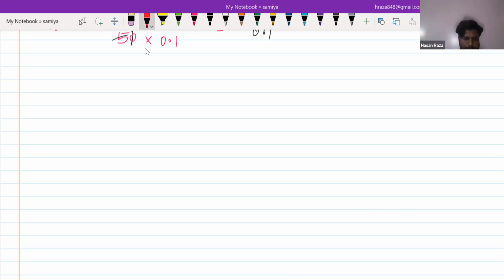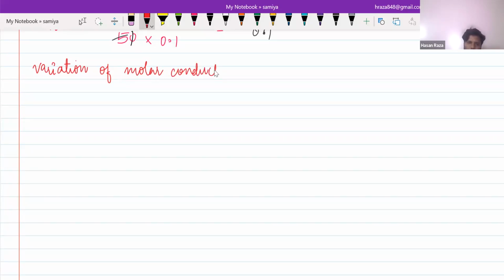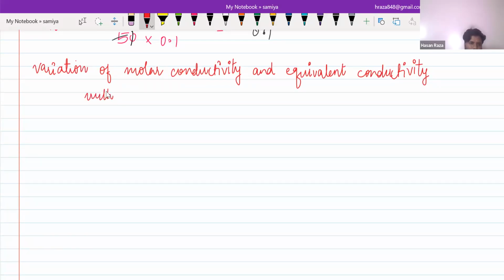Okay, let's start from here. A new topic, that is variation of molar conductivity and equivalent conductivity with concentration or dilution.